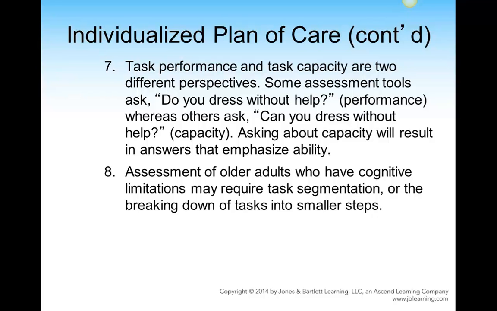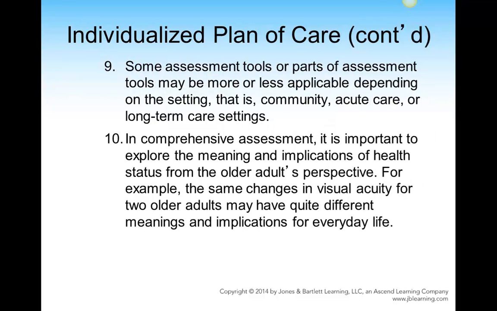Also, those that have cognitive limitations, you may have to break down things into smaller steps. They can't handle all that information at one time. You may not need to do all the tools at one time.